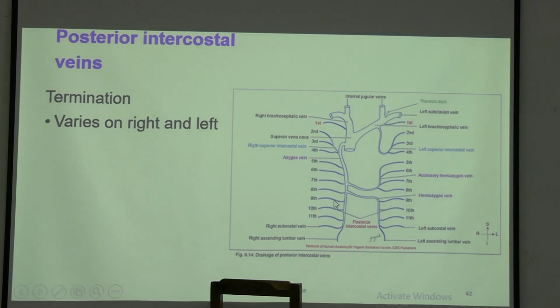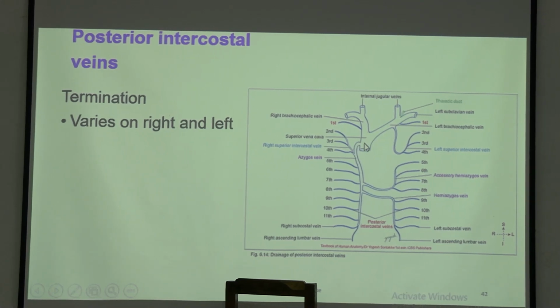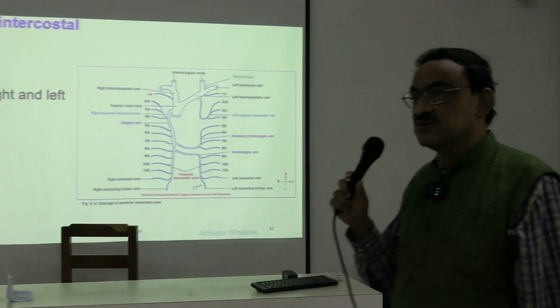Both hemiazygos and accessory hemiazygos drain into the azygos vein, and this azygos vein ultimately drains into the superior vena cava at the junction of the extrapericardial and intrapericardial part. So these are the venous drainage of the posterior intercostal veins and anterior intercostal veins.